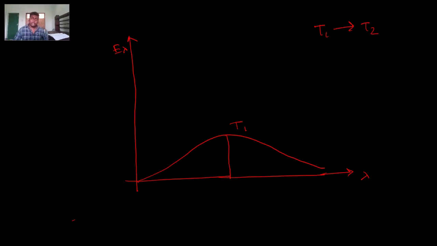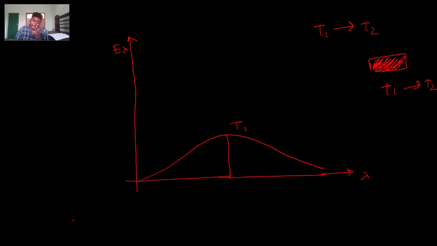What do you think will happen if I have some metallic object and I increase the temperature from T1 to T2? The color of that object will change.